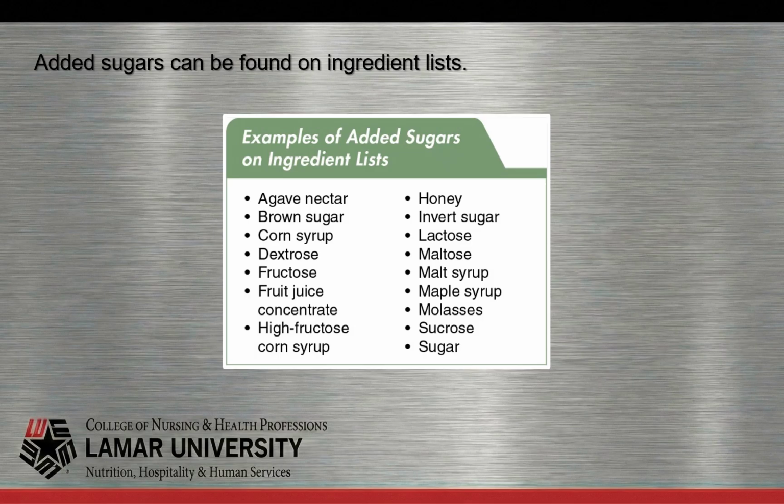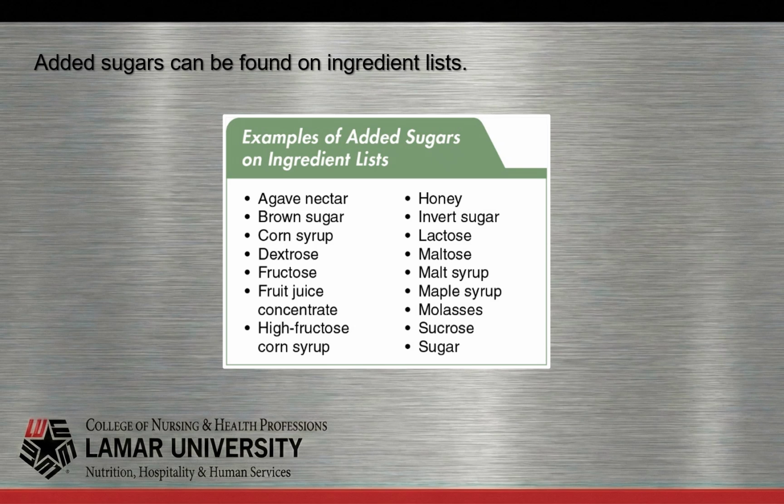If the ingredient list contains items that end in ose, O-S-E, such as sucrose, maltose, dextrose, fructose, or lactose, then the product contains added sugar. Cane sugar, brown sugar, honey, molasses, nectars, corn syrup, and high fructose corn syrup are also added sugars found on ingredients lists.